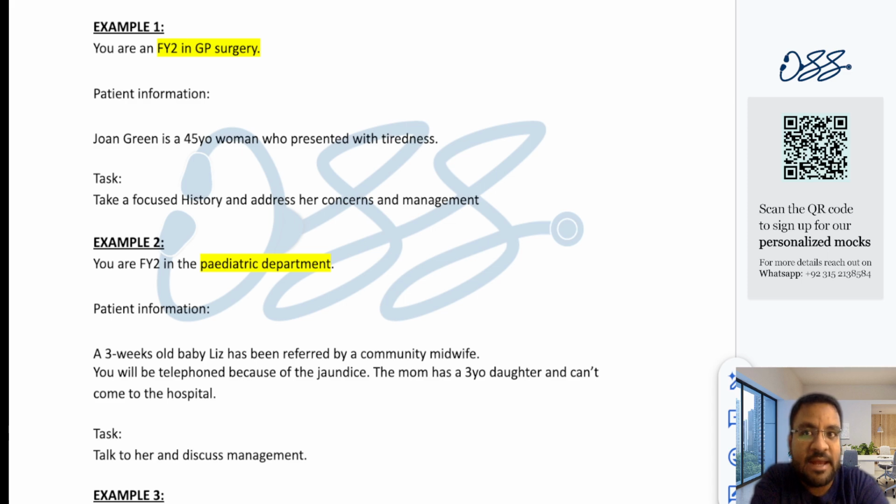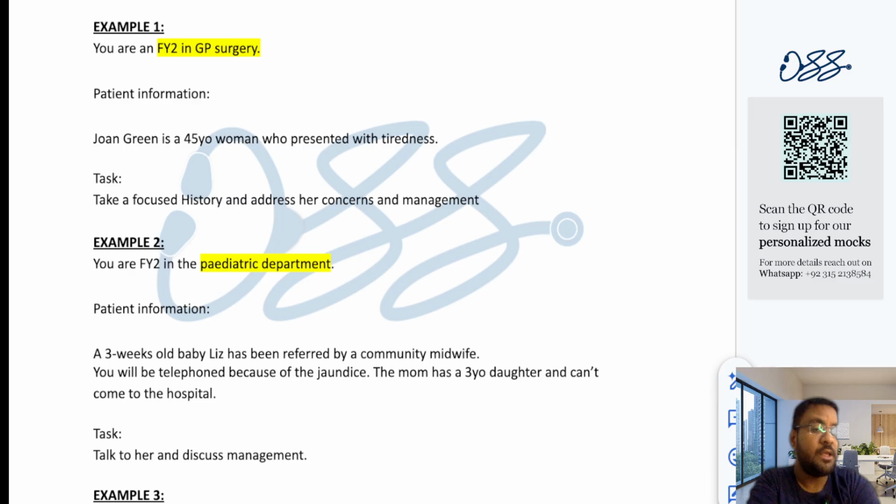The patient would say, doctor, how are you going to admit me in a GP surgery? Patients cannot get admitted in a GP surgery. If you are sitting in an A&E, then you can say you are going to admit them. So it's always very important to identify the setting and where you are currently situated, because that will really depend on how you manage the patient.